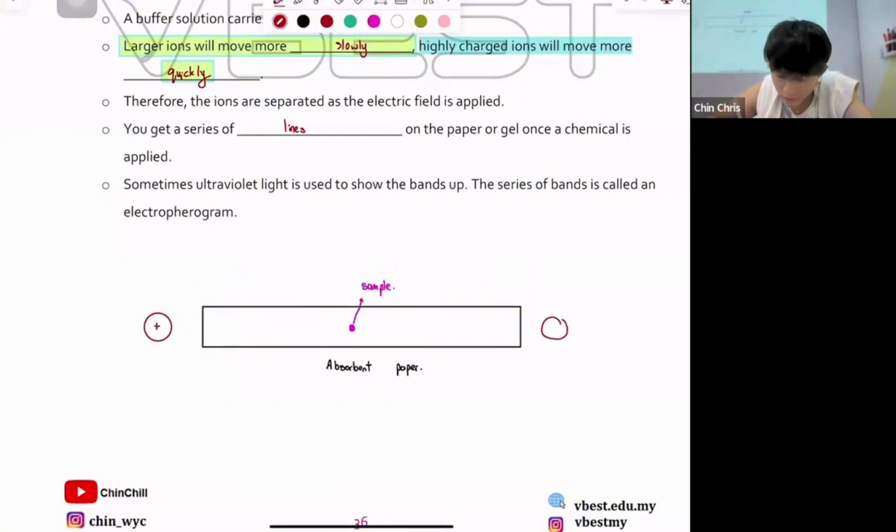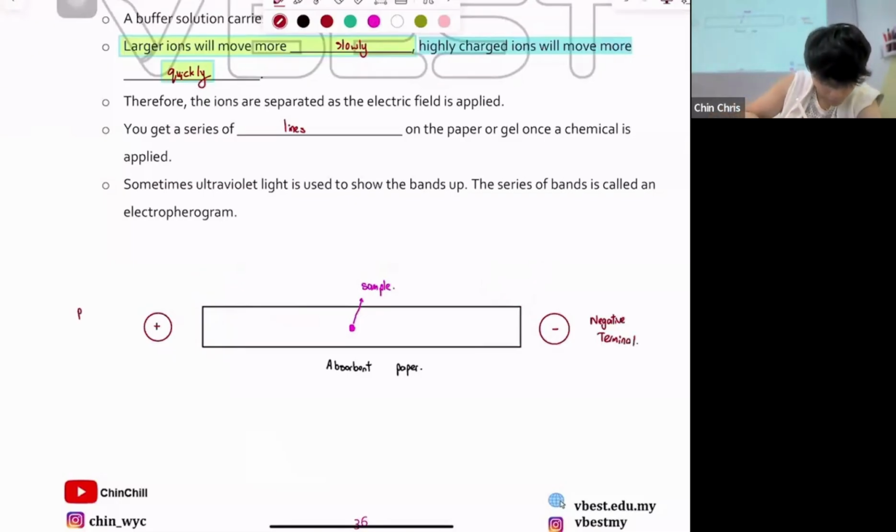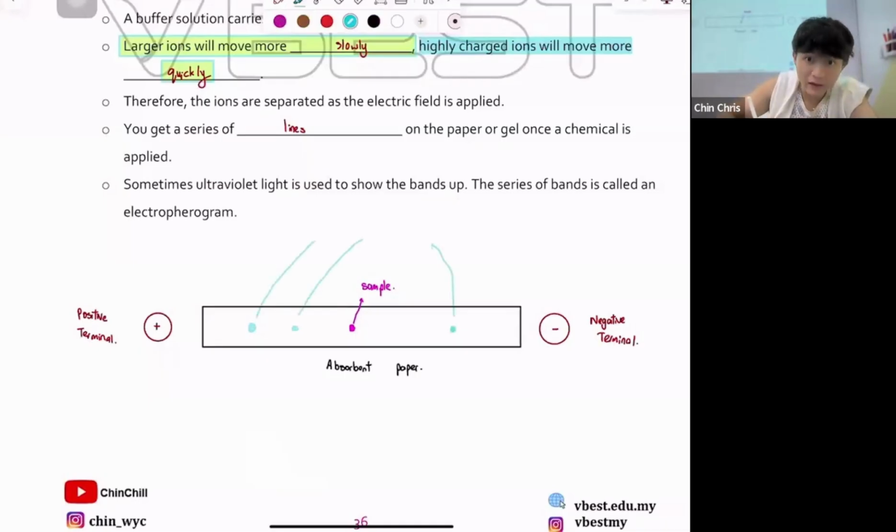You have a negative terminal here. So when you apply it, you get a series of bands or a series of dots. So you get to see some samples here. So these are all the different separated amino acids.